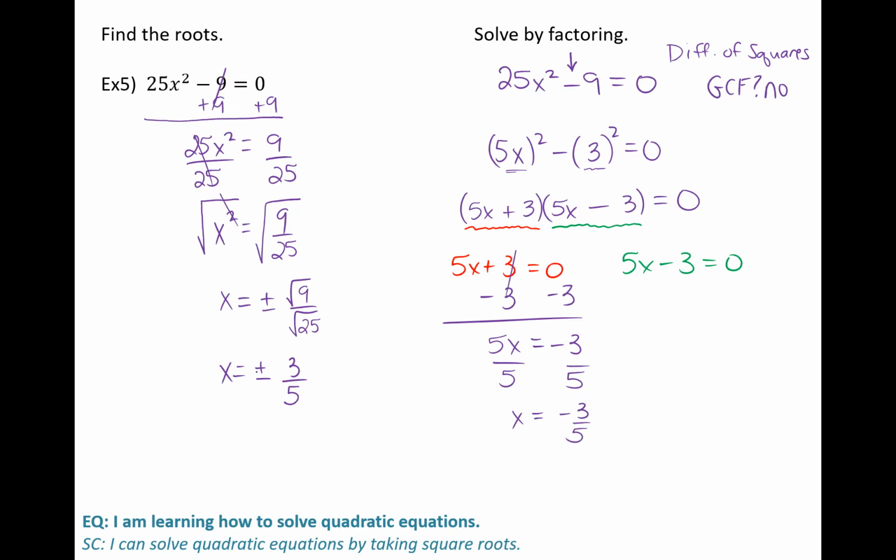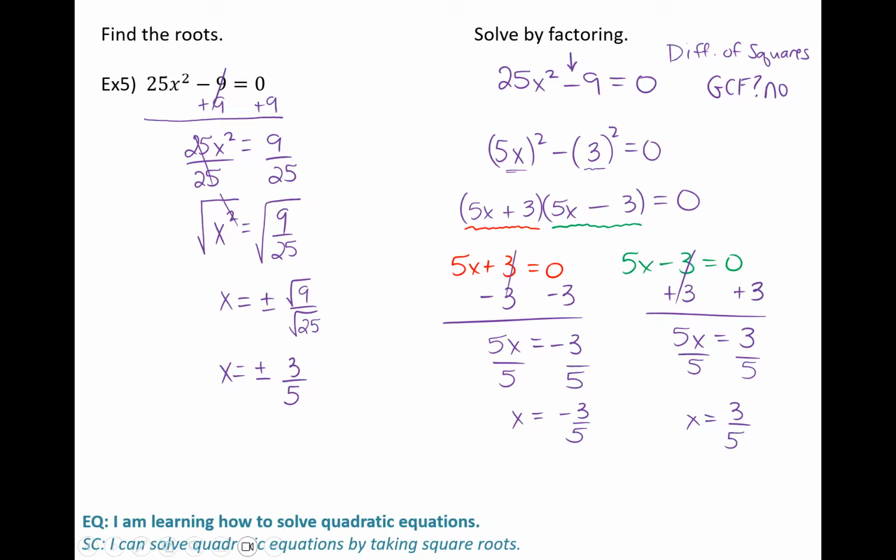You had plus or minus, or positive or negative 3/5. So there's the negative. When I solve this other one, I'm going to add 3 to both sides. So I get 5x equals 3. Divide by 5, and I get x equals the positive 3/5.